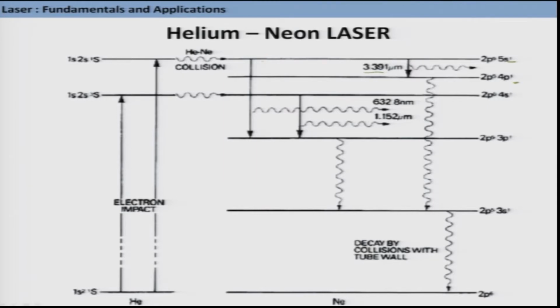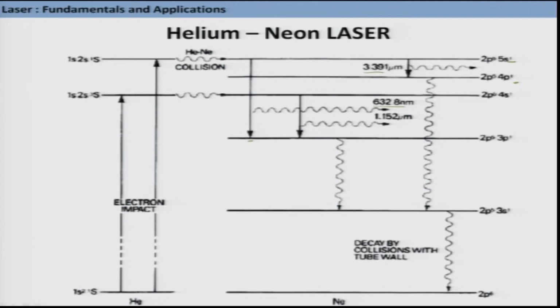While it can have the 3.391 micron transition between these two states, it can also jump from here to 2p6 3p1, and the corresponding wavelength is 632.8 nanometer.